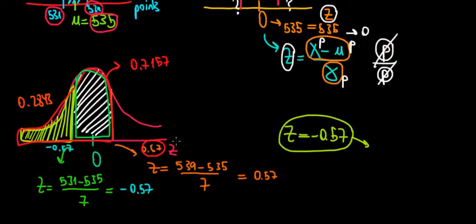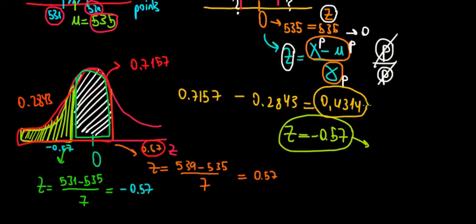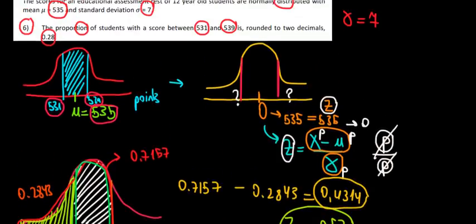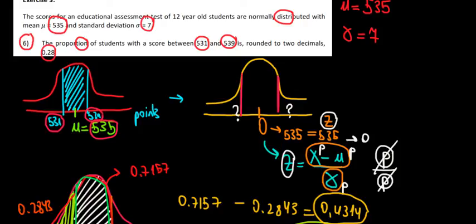Meaning that if we solve the math, we're going to have 0.7157 minus 0.2843, and that's equal to, hold on, let me just calculate it real fast. 0.7157 minus 0.2843 equals 0.4314. That's going to be the proportion that we're looking for. The answer key tells us the proportion is 0.28, so the answer over here is going to be false, and we are done.